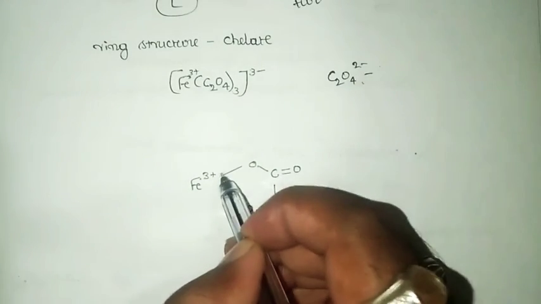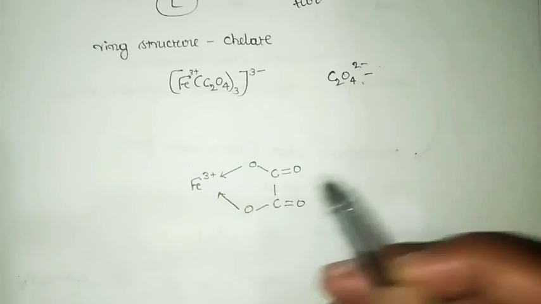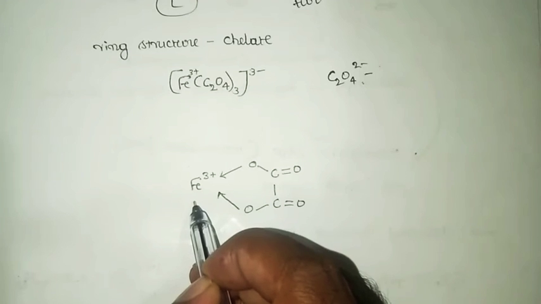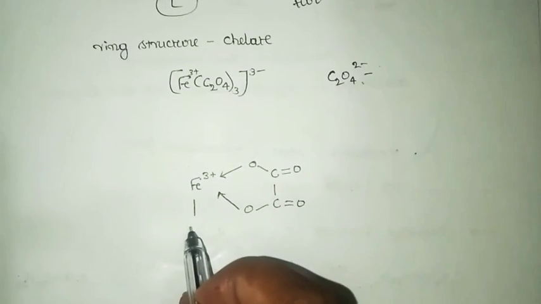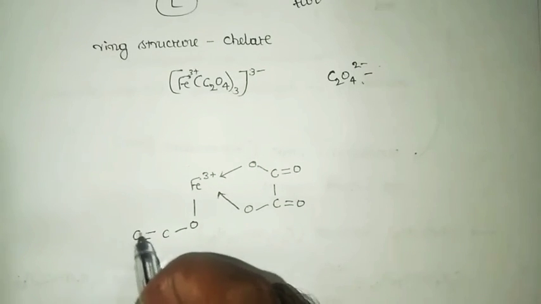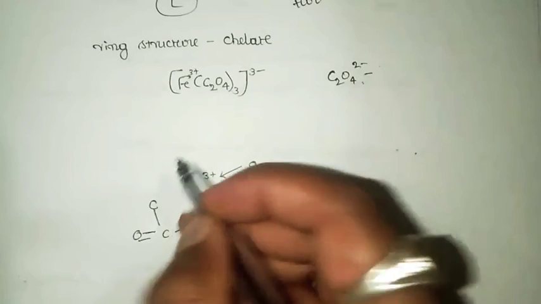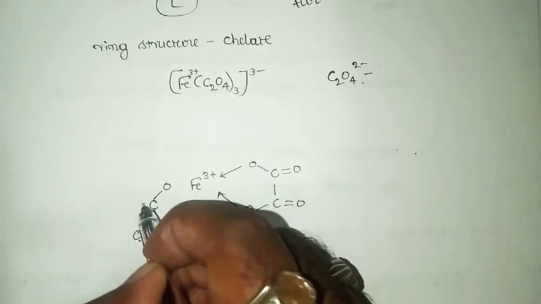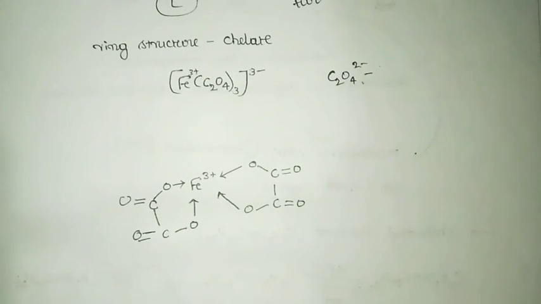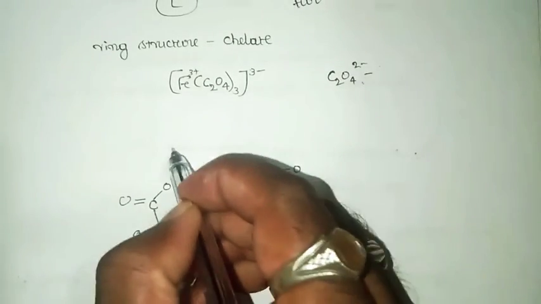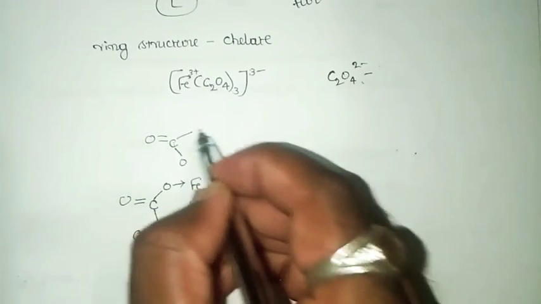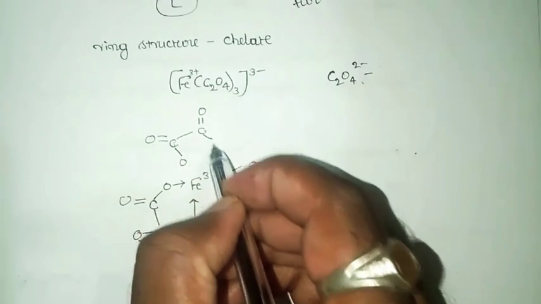So this will form 2 coordinate bonds, and one more oxalate, C double bond O, one more carbon, oxygen double bond O. So here also 2 more coordinate bonds, and once again we'll be having another oxalate, C double bond O, C double bond O, O.